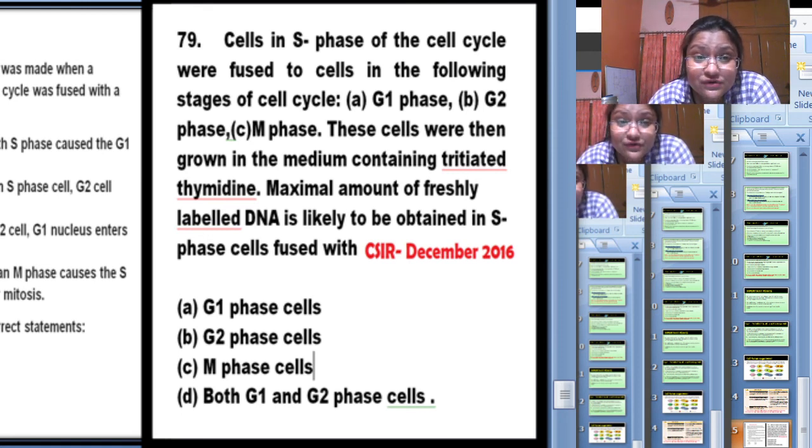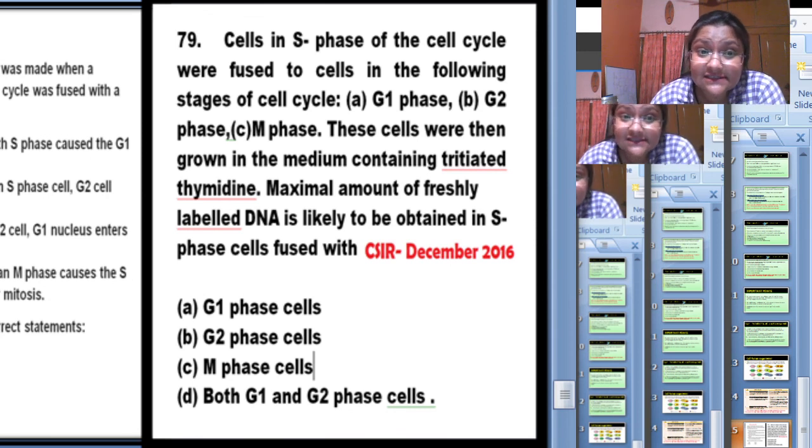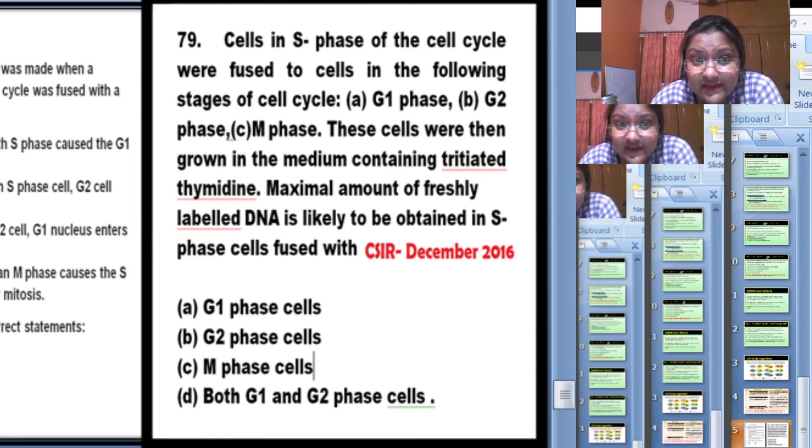When we fuse the S phase cell with a G1 phase cell, then the G1 phase cells will enter into S phase immediately. That was our first observation. And since now they have all the labeled DNA, half of the G1 phase DNA will be labeled, right?